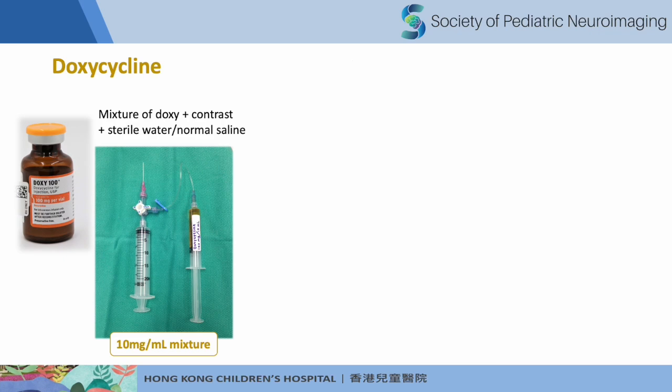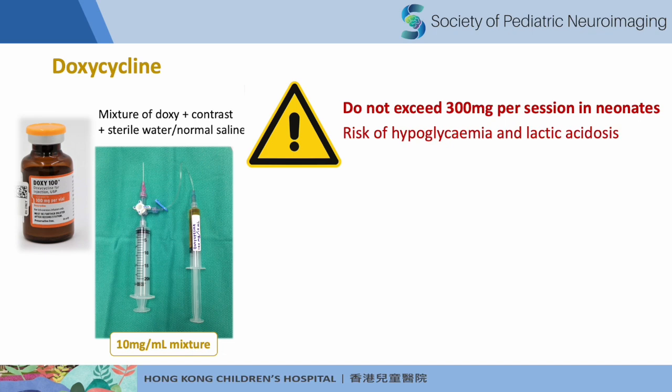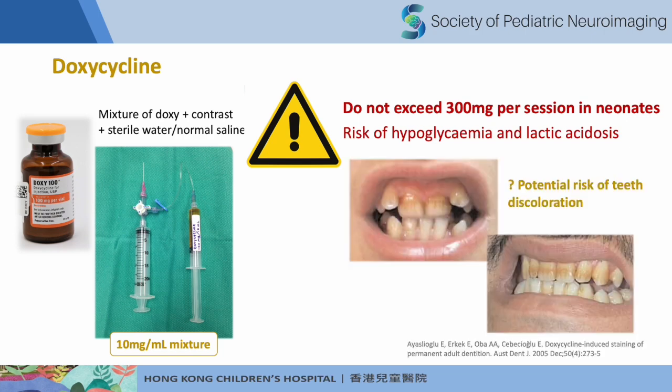It's important in neonates that we should not use more than 300 milligrams per session, as there is a risk of hypoglycemia as well as lactic acidosis. The worst case scenario is we can cause the patient to go into acute renal failure.